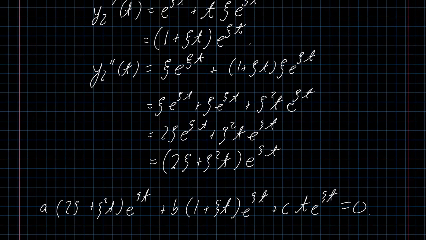And that should be equal to 0. From here, I'm going to use a similar process to things that I have done before. I'm going to factor out the common factor of e to the ct.